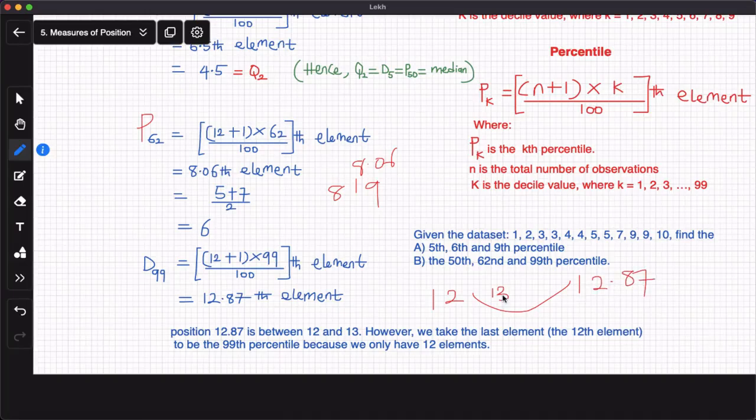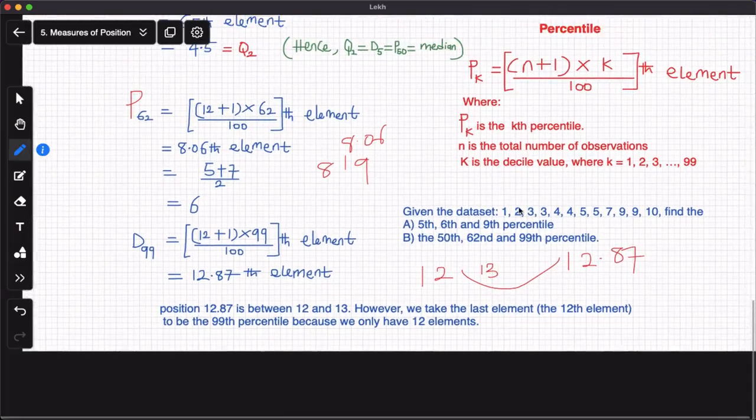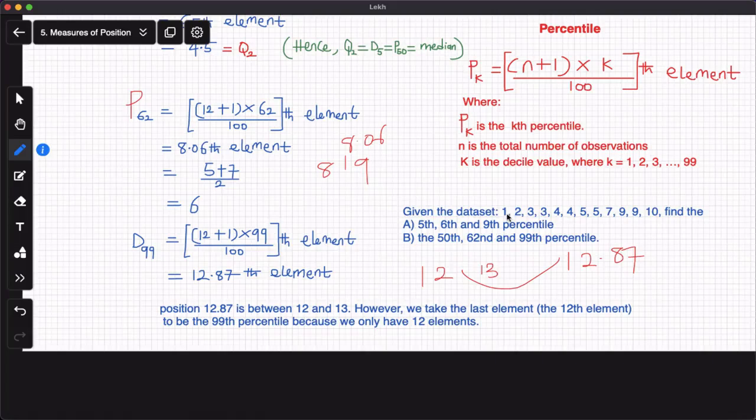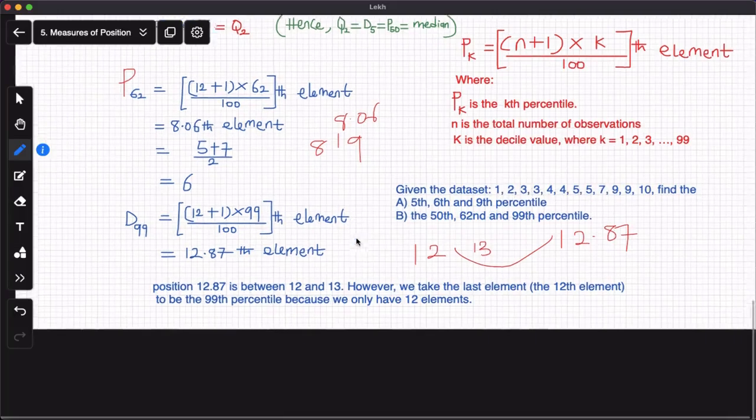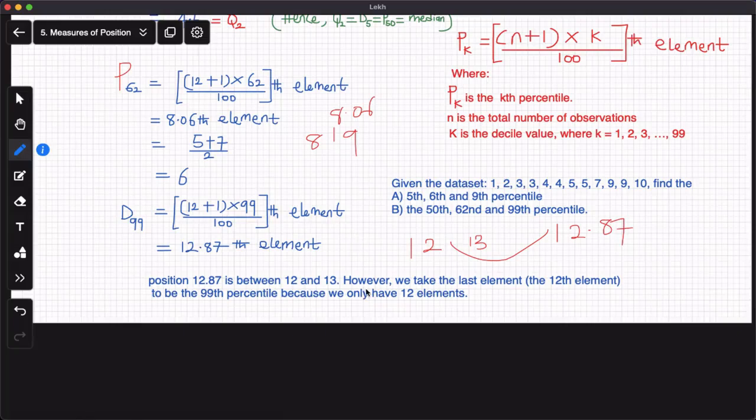Don't forget, we only had 12 observations. 1, 2, 3, 4, 5, 6, 7, 8, 9, 10, 11, 12. So that means our 99th percentile would be the 12th element. And so the 99th percentile will have to be 10.